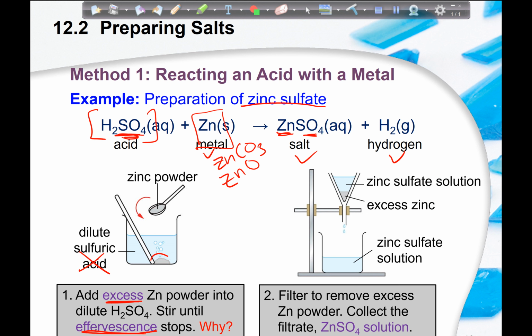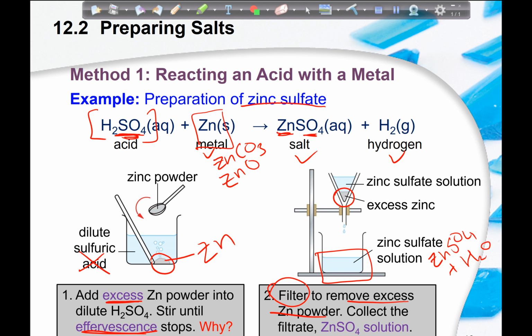Now that all these are your extra zinc, I will filter to remove the excess. This will be your excess zinc, and this component here will be my zinc solution, meaning it will consist of my zinc sulfate plus water.